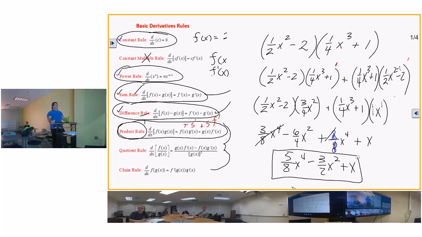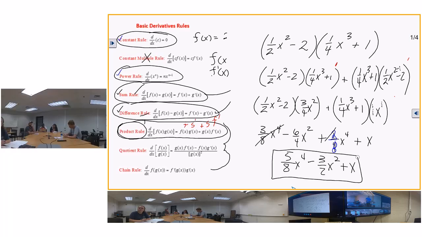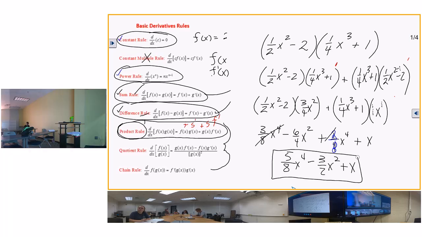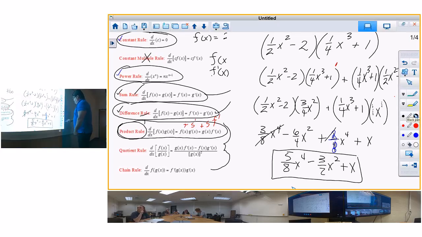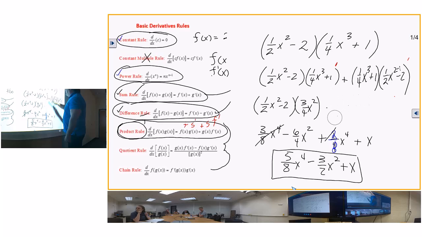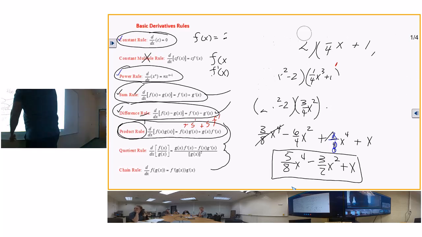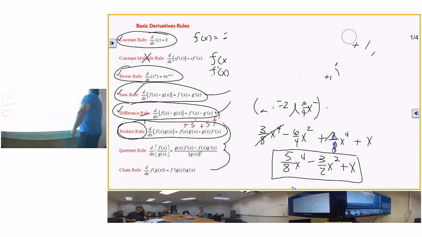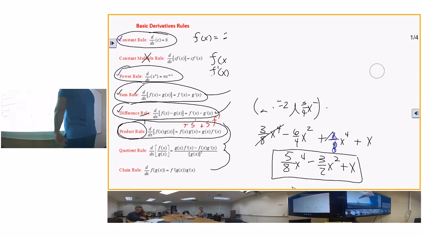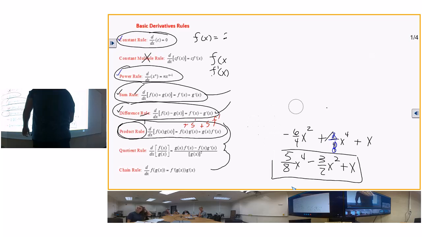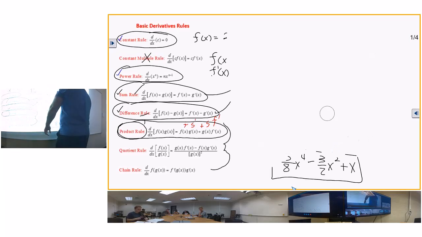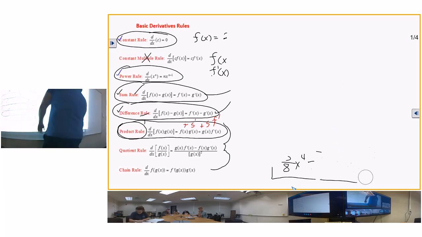Who's got a question? You better ask now because we're moving on to the quotient rule. Okay, I must be doing a great job or you already know it, one of the two. The quotient rule says that if I have two terms that I'm dividing, what do I do? But I'm going to use letters, just like I used with the product rule.